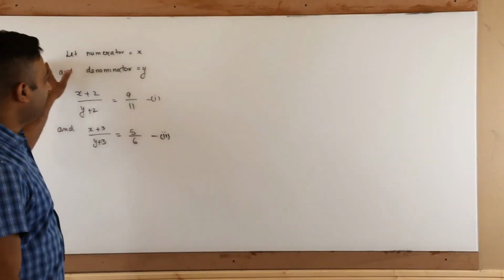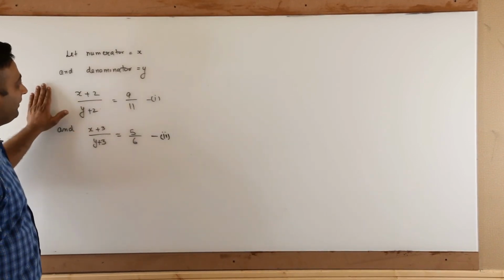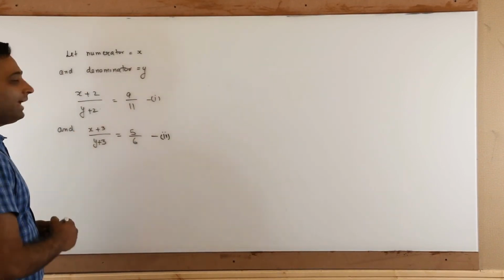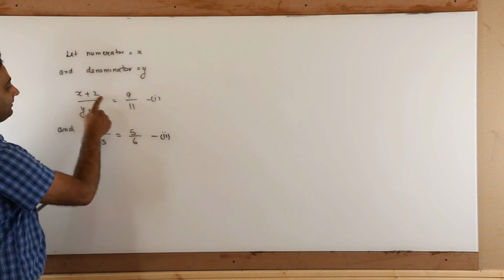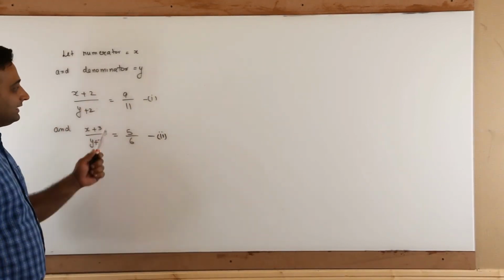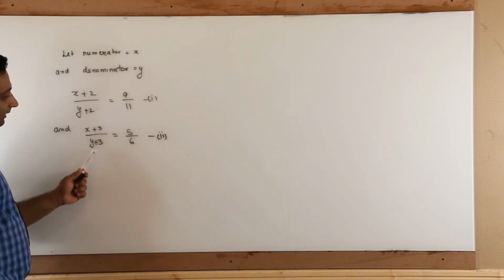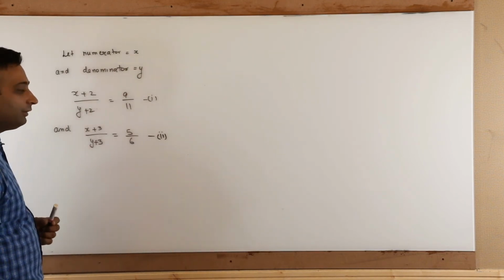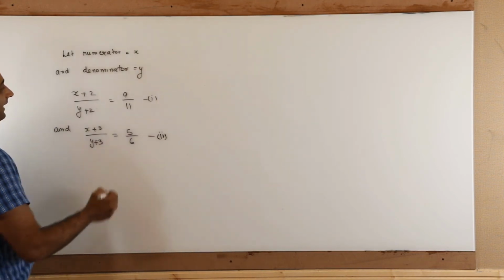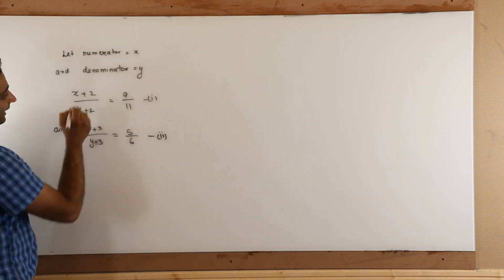Let the numerator be equal to x and the denominator equal to y. According to the given conditions, x plus 2 upon y plus 2 is equal to 9 by 11 and x plus 3 upon y plus 3 is equal to 5 by 6. Let us find the equations.